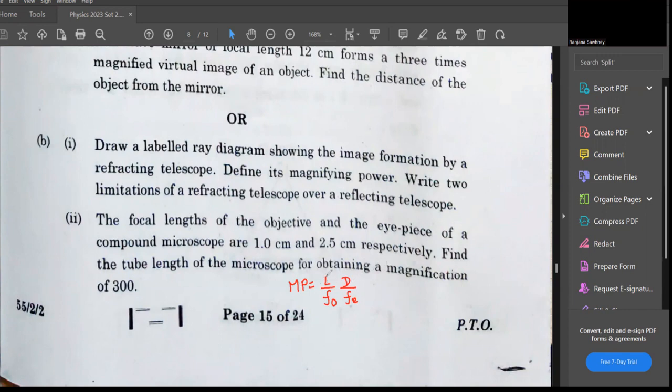All these values are given and we have to find L. Substituting the values, magnifying power is 300, L has to be determined, FO is 1, least distance of distinct vision is 25 centimeters, and FE is given as 2.5. On simplifying, you get the length to be 30 centimeter. So the length of the tube is 30 centimeter.